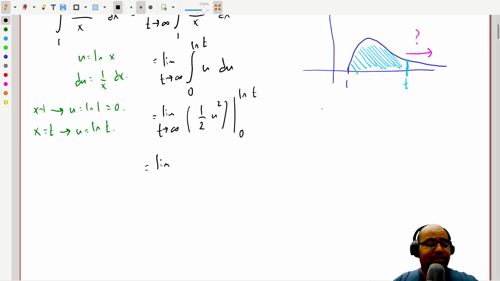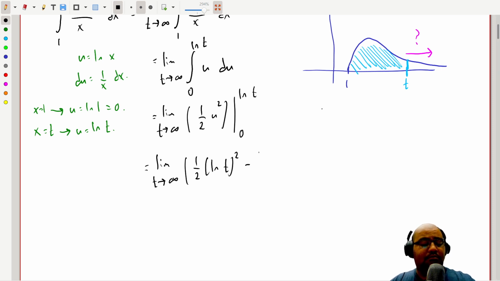Now we just do the evaluation step. We still have this limit, so we'll have 1/2 of log of t squared, minus 1/2 times 0 squared. Well, 0 squared is 0. So now we just need to contend with this limit.